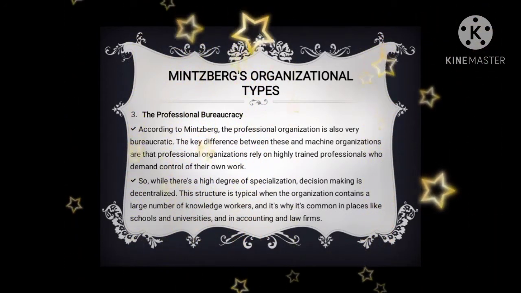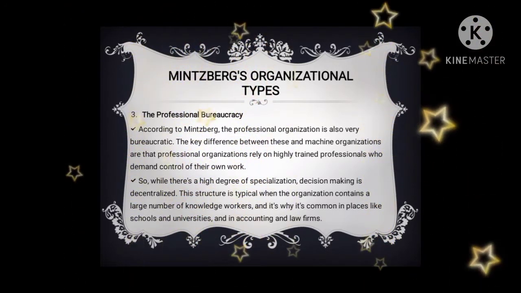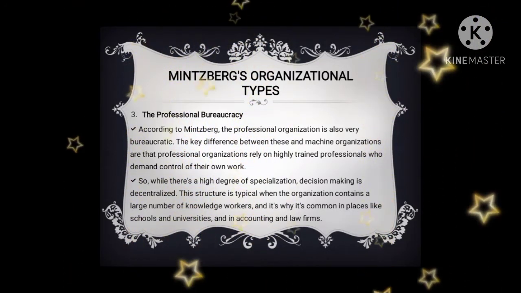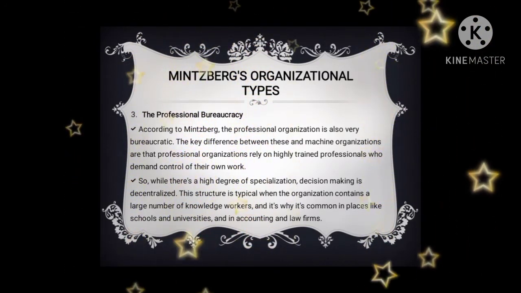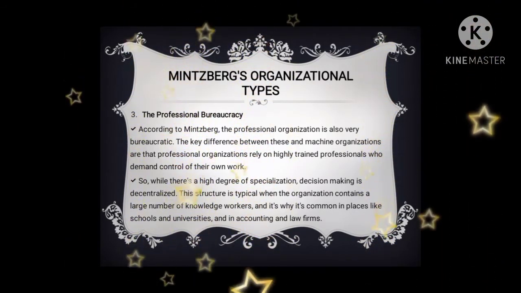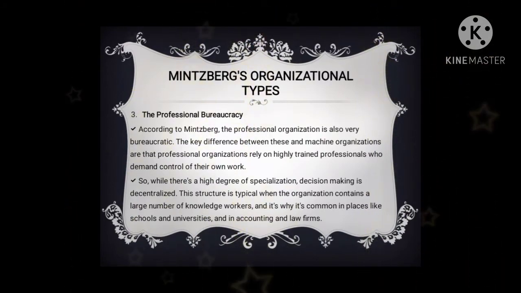So while there's a high degree of specialization, decision making is decentralized. This structure is typical when the organization contains a large number of knowledge workers, and it's why it's common in places like schools and universities, and in accounting and law firms.